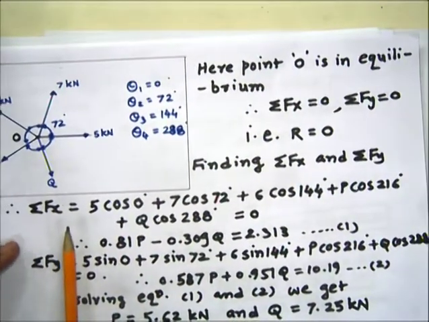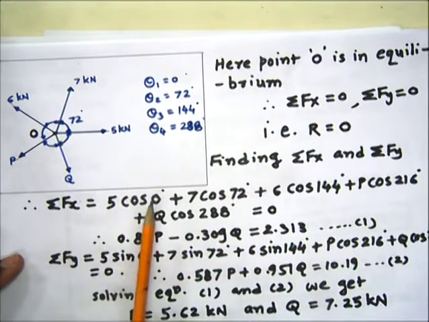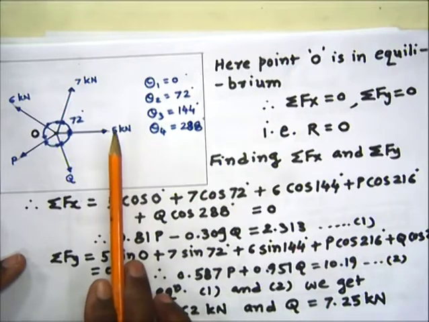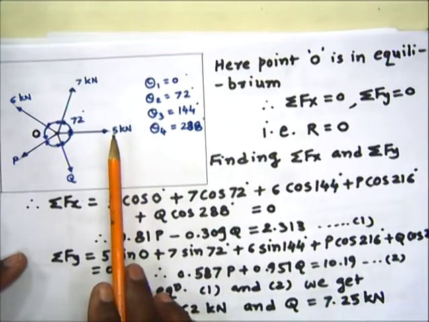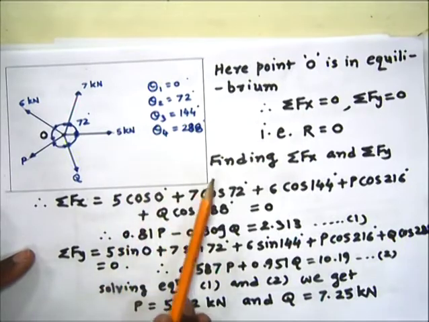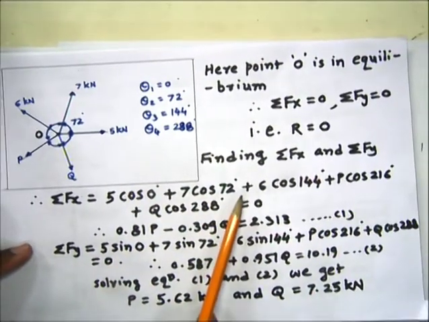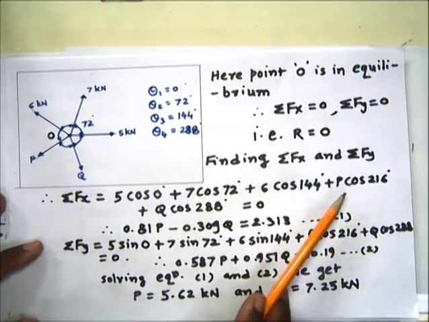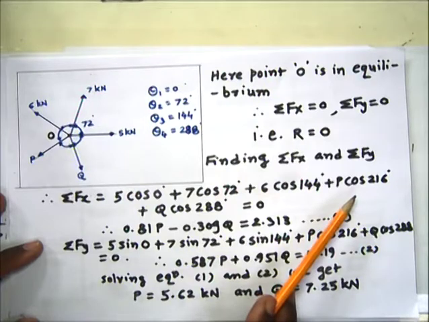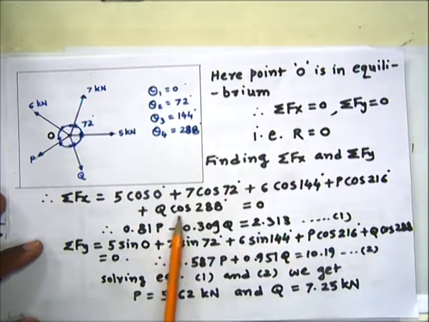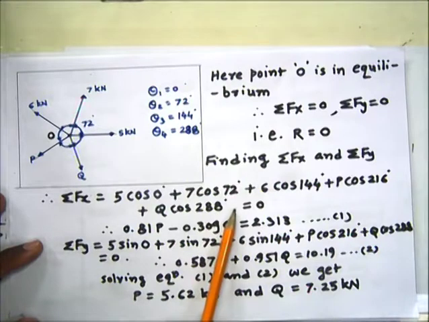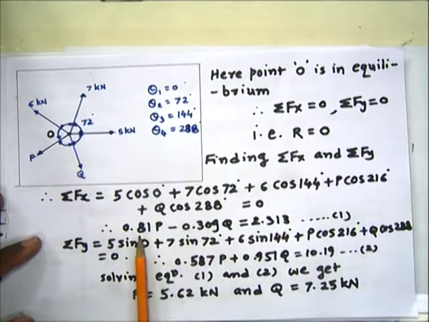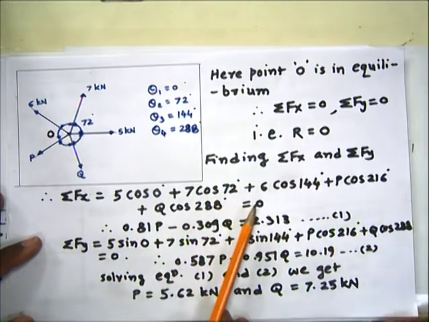Sigma Fx is 5 cos 0, that is force times the cos of its angle, plus 7 cos 72 for the second force, 6 cos 144 for the third, then P cos 216 plus Q cos 288, that is 360 minus 72 degrees. Simplifying this, it will be equal to 0.